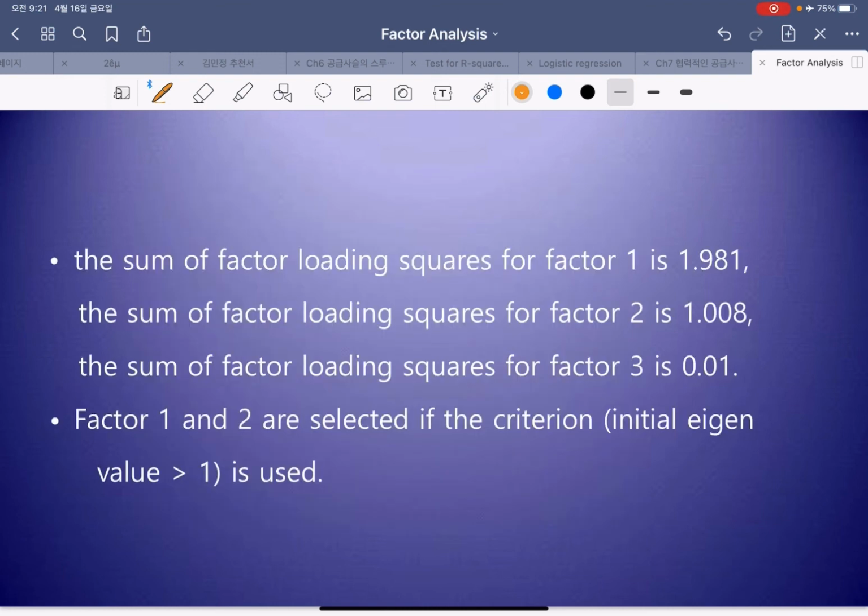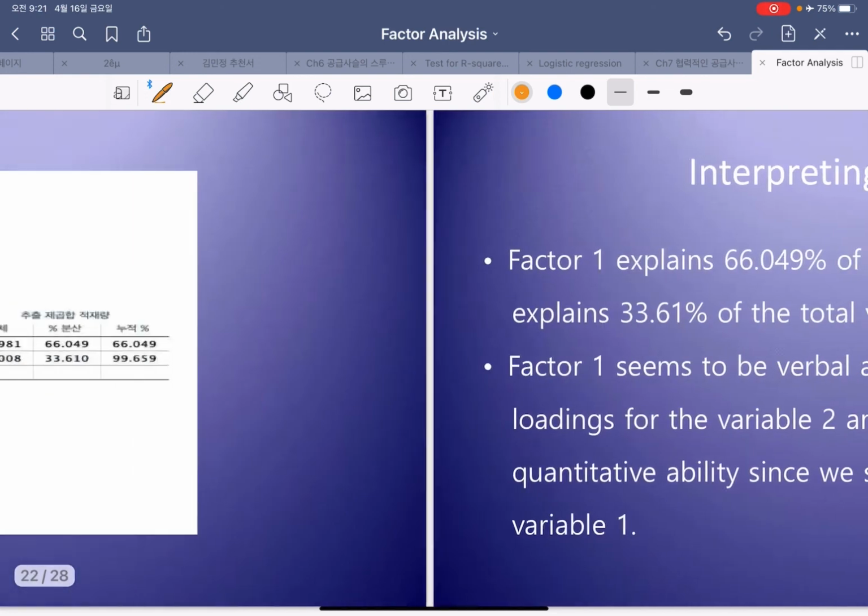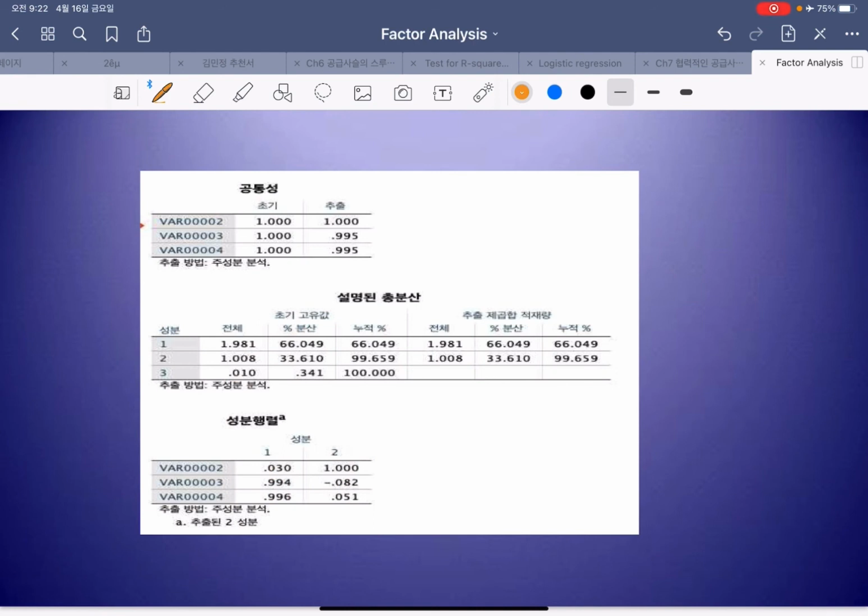And the sum of factor loading squares for factor 1 is 1.981, and the sum of factor loading squares for factor 2 is 1.008. The sum of factor loading squares for factor 3 is 0.01. Let me explain this one. How do you get the 1.981?